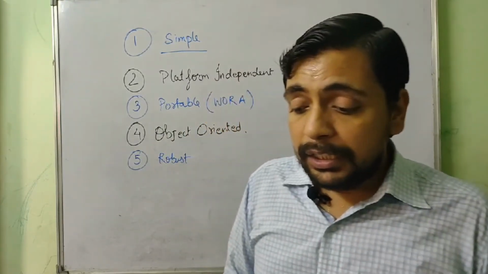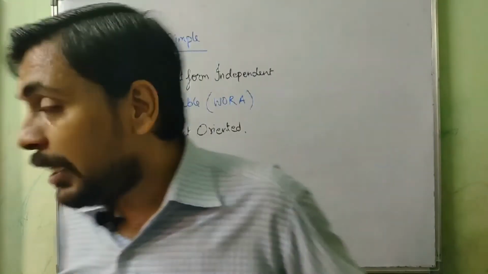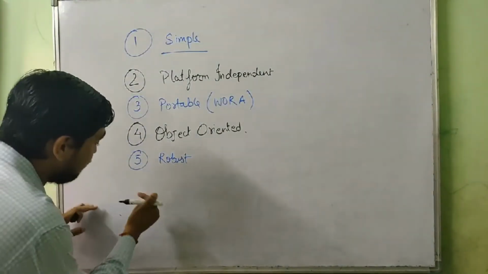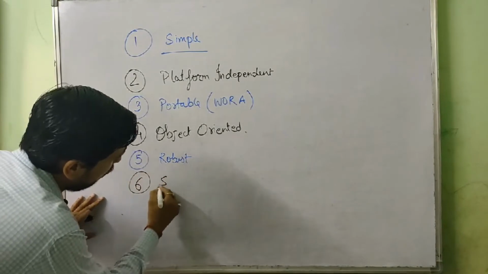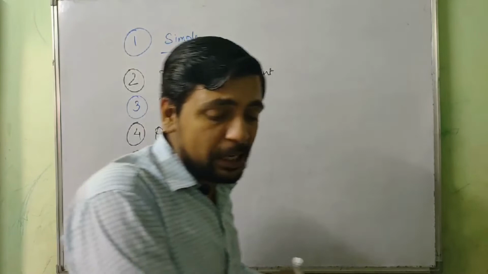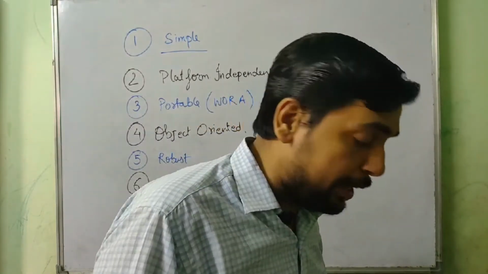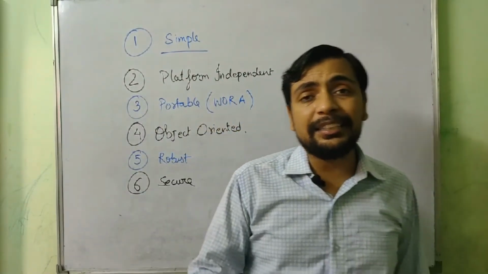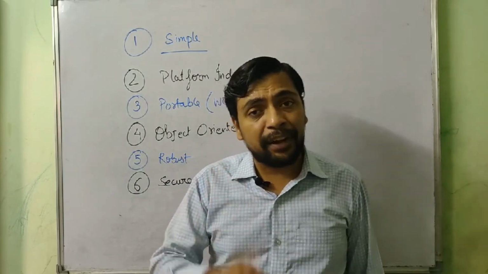Okay. Secure. The next important feature, Java is secure. Now, I am just telling you how Java is secure, because right now I explained that process. I told you JRE is required by all Java programs so that they can run.